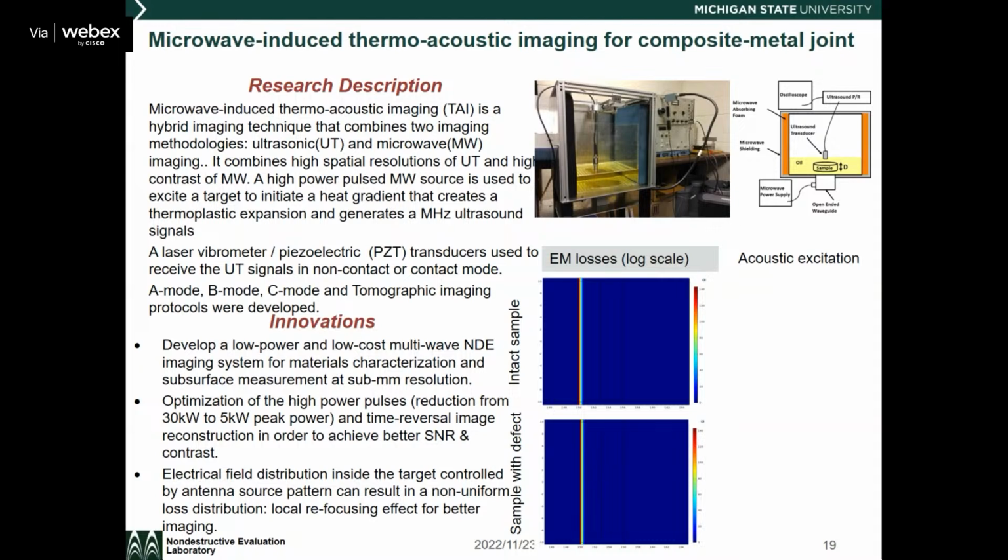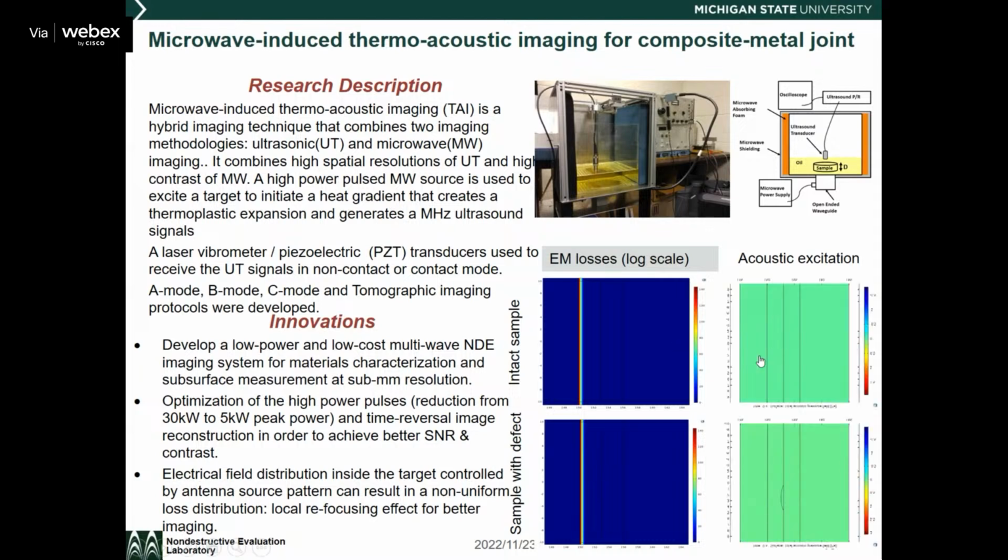Here, it's propagating in metal. Then the acoustic wave will propagate in the metal, hit the interface of metal and composites, and you'll see if there's a defect in the interface, then the reflected ultrasonic wave is going to be different.